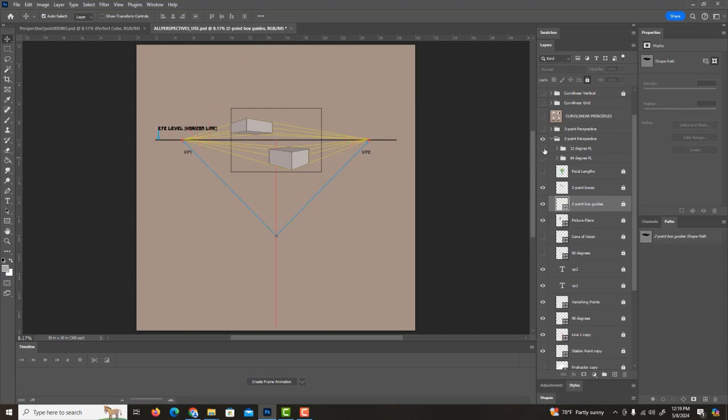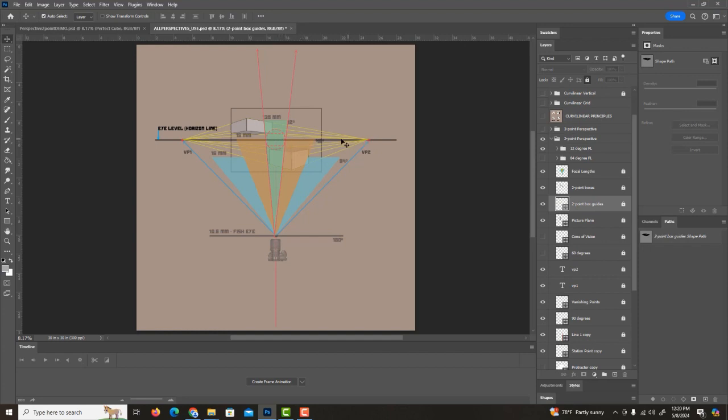If you go to the other extreme and you go to a 12-degree focal length or 35mm lens, or even smaller, that is your picture plane within your cone of vision. So you can see that the space in here, you're really zooming in on your objects, and they are going to the same vanishing points.